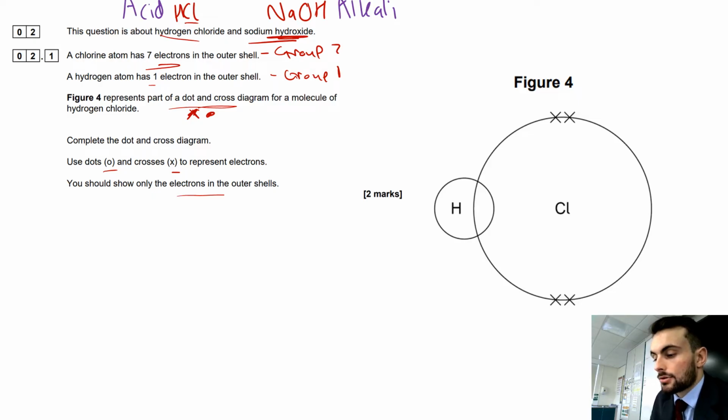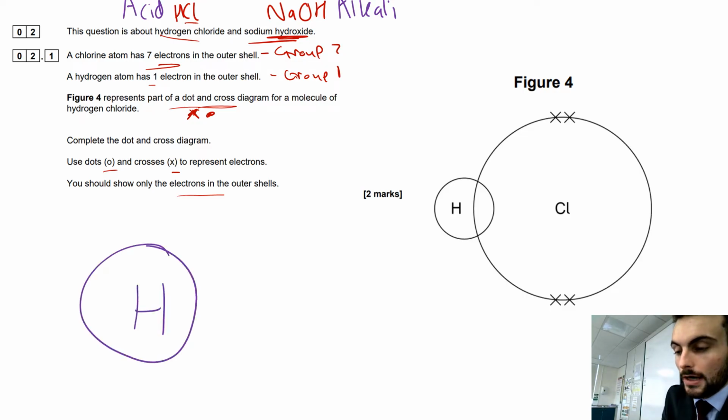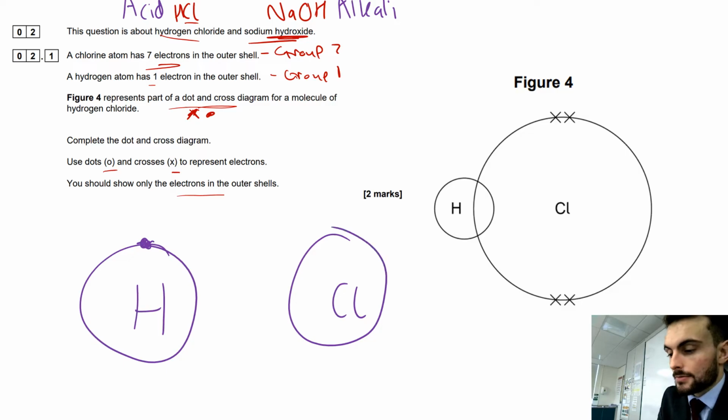Hydrogen is dead easy. We'll do hydrogen as dots because they've done chlorine as crosses. So hydrogen would just be that, and then chlorine is in group 7, so as crosses. Chlorine would be like that, 7.